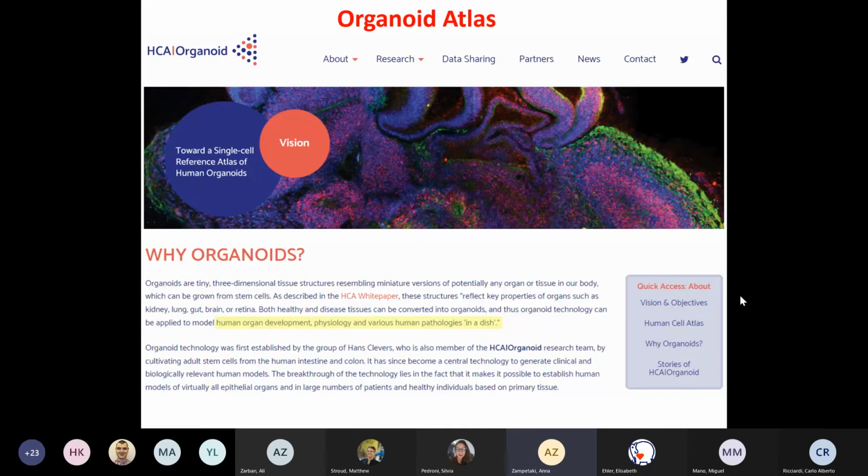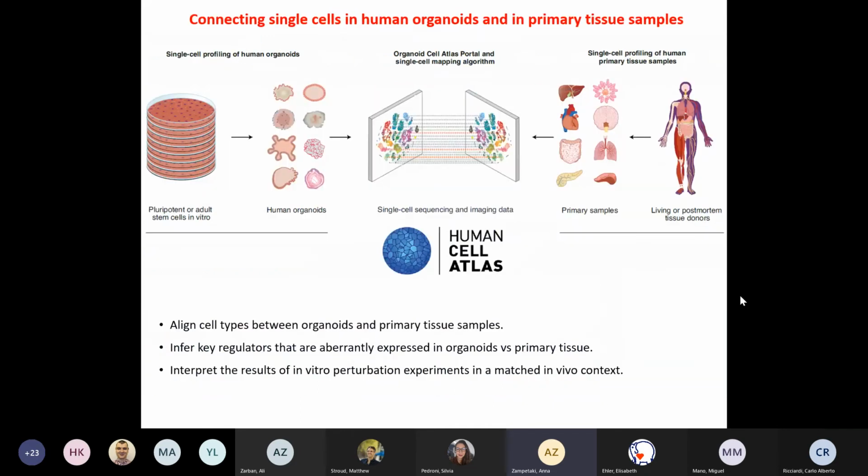Their aim is to establish a single cell reference atlas for human organoids that are derived from different organs, and compare them to the primary tissue samples, both in terms of RNA-seq and imaging data.